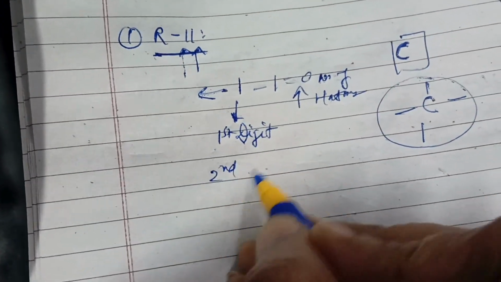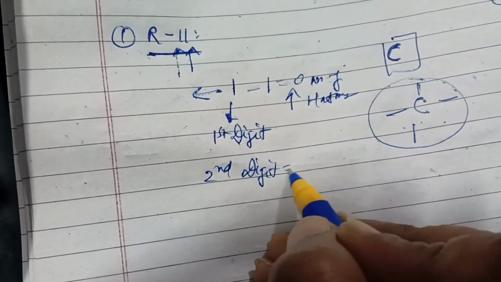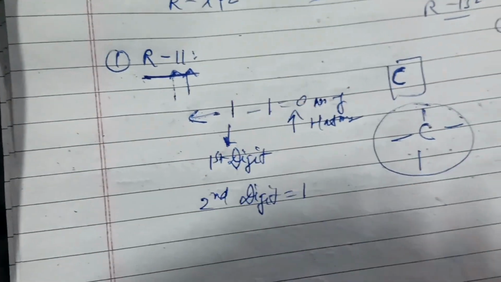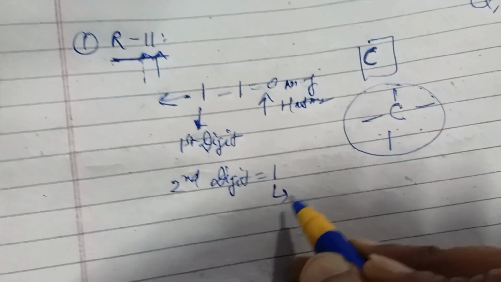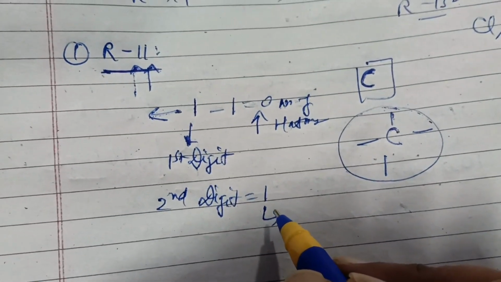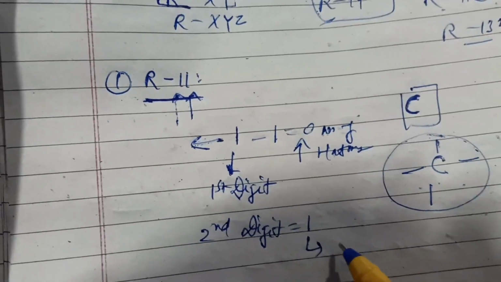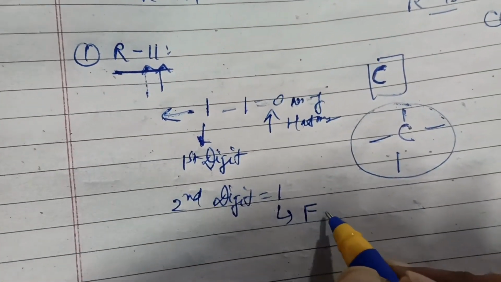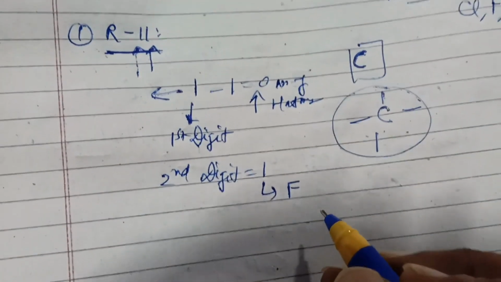The second digit in this figure is also 1. So you don't have to add or subtract here. The second digit will simply represent the number of fluorine atoms. So fluorine will have 1.